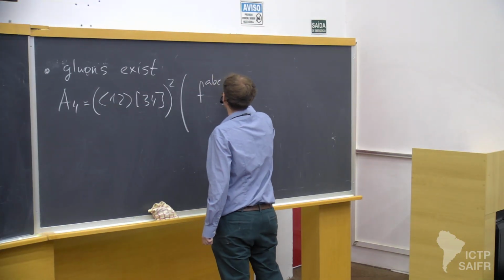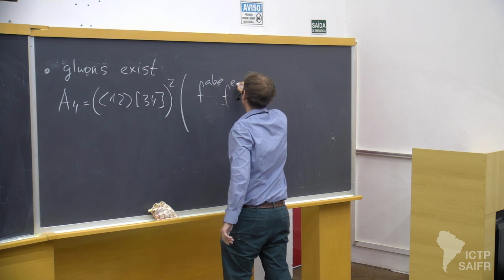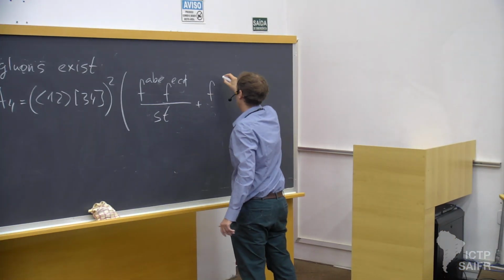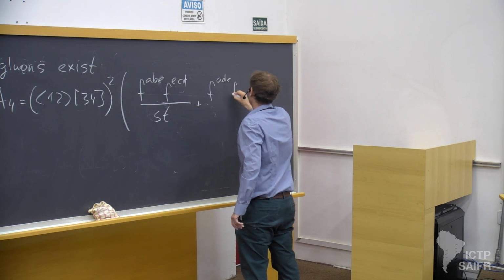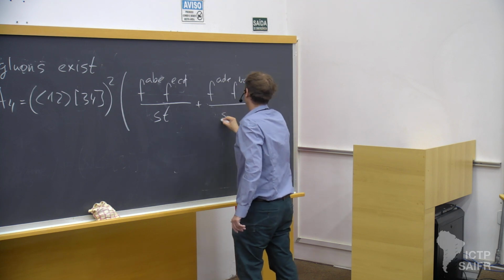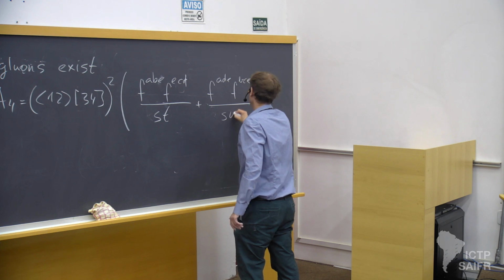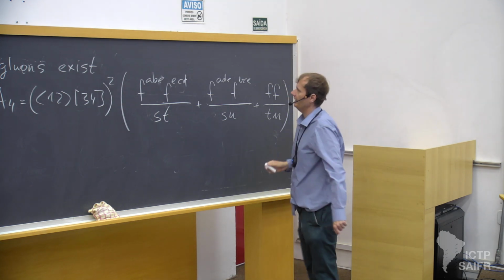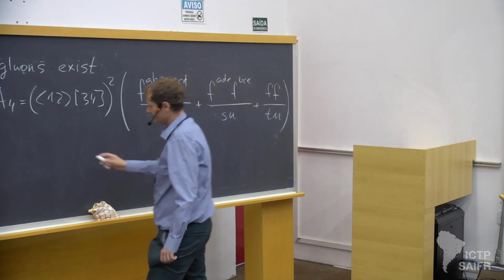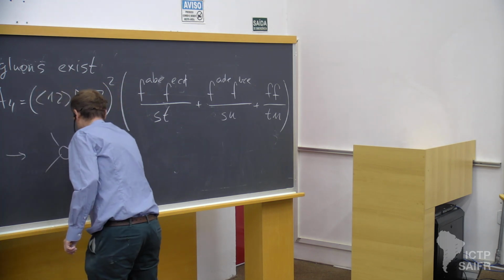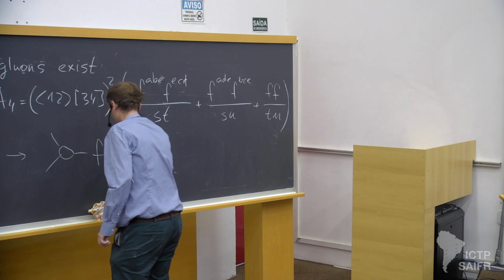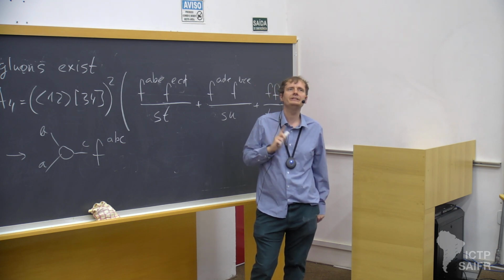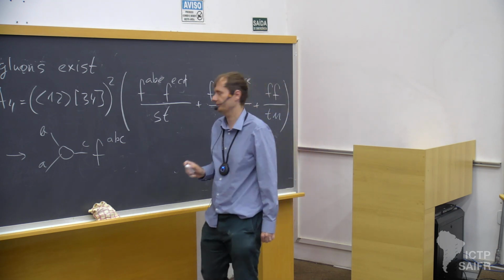So then we get something like f^{ABE} f^{ECD} over S T plus f^{ADE} f^{BCE} over S U, and the same for the last one. And this will factorize properly, but this means that the 3-point amplitude that we started with was dressed with some factor f^{ABC}, but this just meant that we have multiple particles. We have multiple gluons.